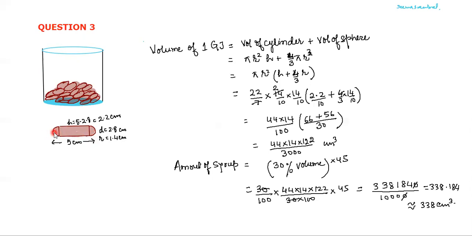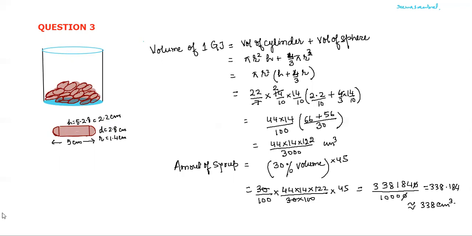So 2 times radius should be subtracted. 2 times radius is always equal to diameter. So we will subtract 2.8 from the total length to get the length of the cylindrical portion. Height of the cylindrical portion will be 5 minus 2.8, that is 2.2 centimeter.